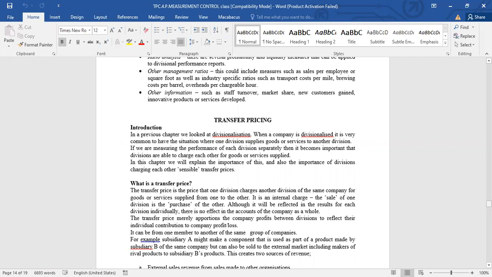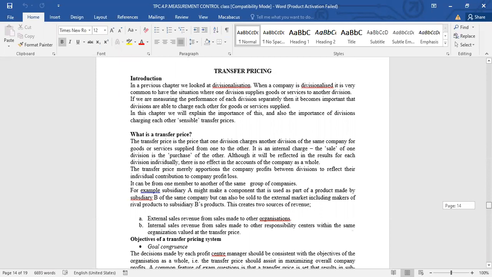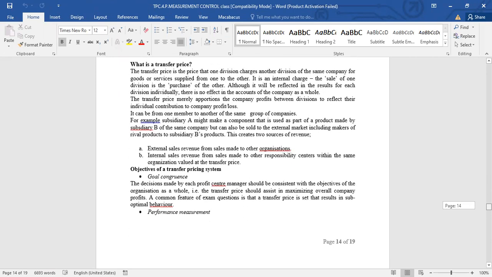Transfer pricing comes in when these 2 divisions under one company sell to each other. So when division A sells to division B in the same company at a particular price, we call it a transfer price. How we come up with the figure varies, as we shall see.